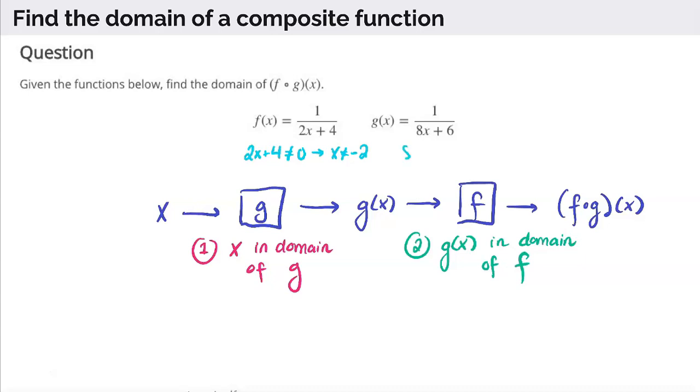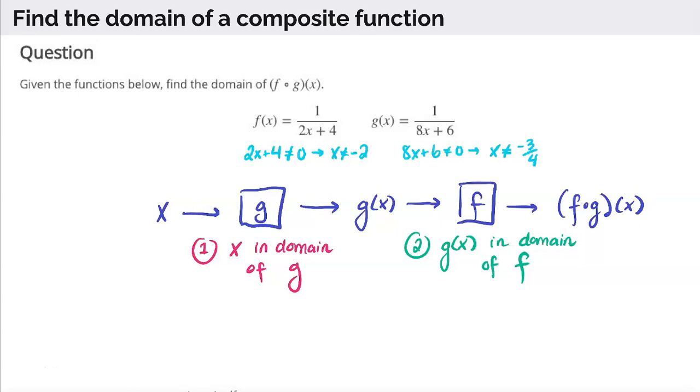And for g of x, if we subtract the 6 and divide by 8, that would mean that our x can't be equal to -3/4. Okay, and so now we just have to figure out how to work that into our diagram below.